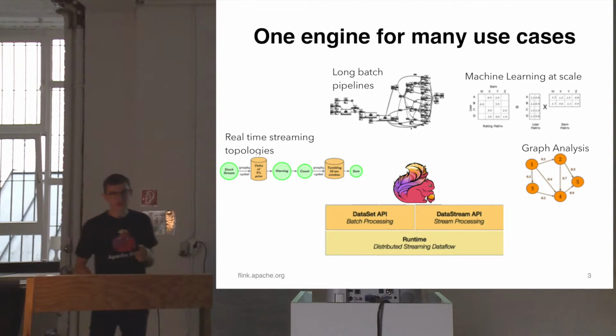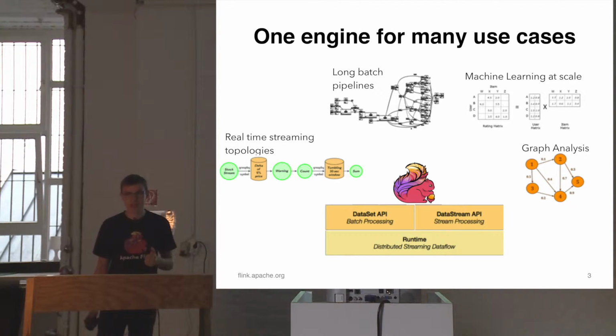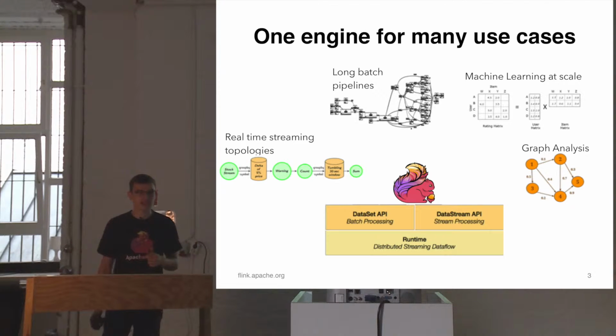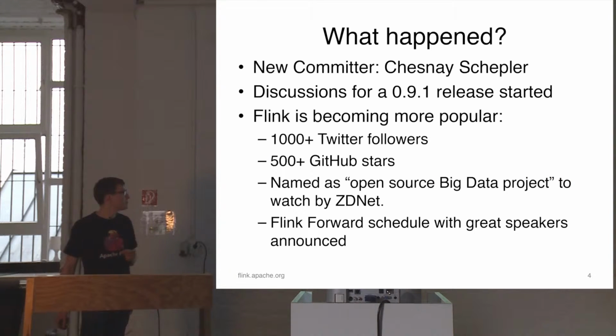So Flink supports a wide array of use cases, from real-time streaming topologies to large batch pipelines, machine learning, and also graph processing. Andra is going to introduce you to the graph analysis part of Flink today in the talk about Jelly. So what happened in the last month?